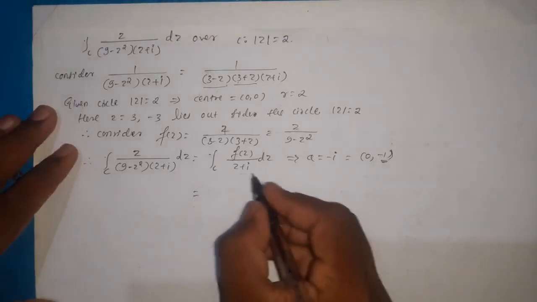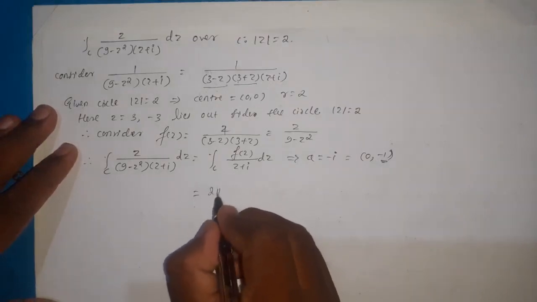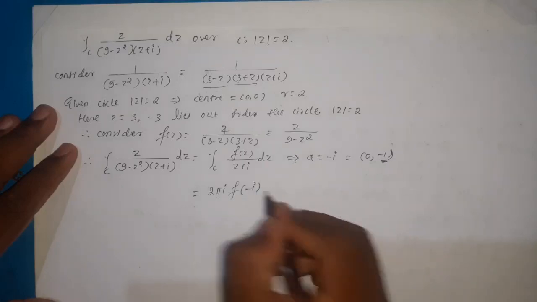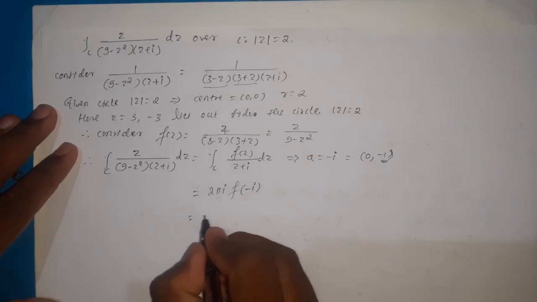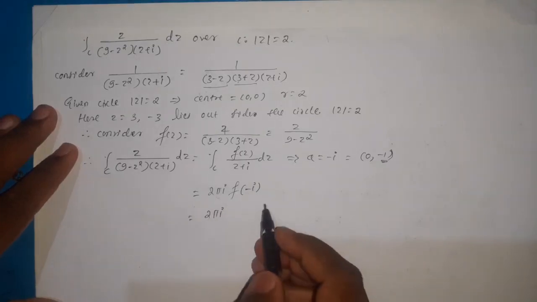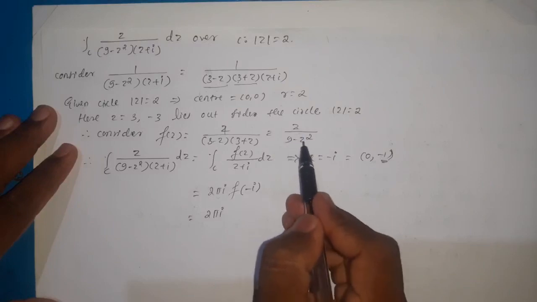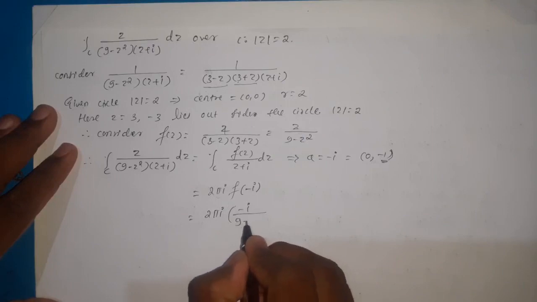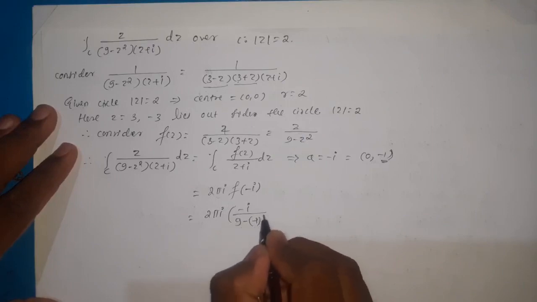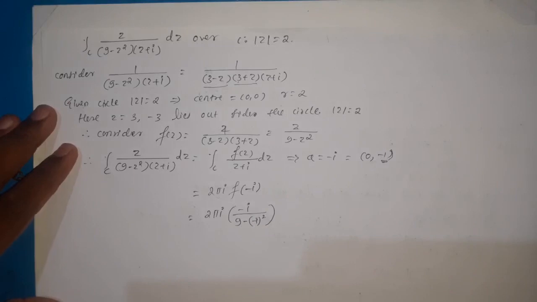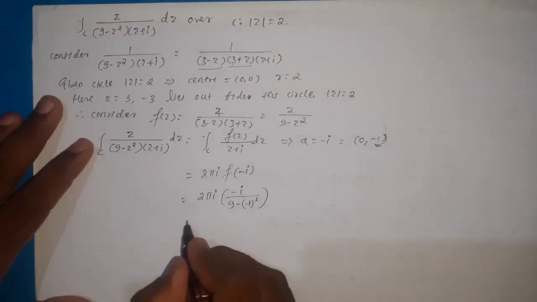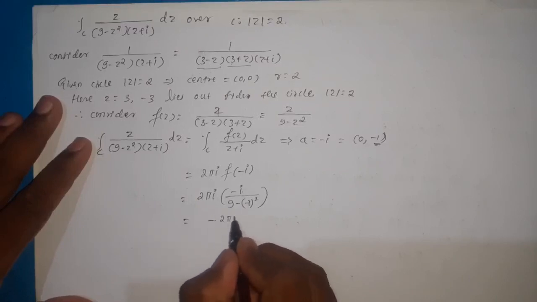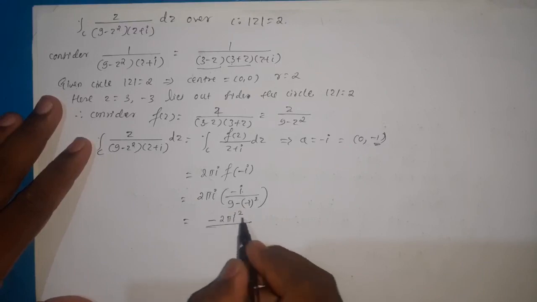Now by using Cauchy's integral formula, 2 pi I into f of A, where A is equal to minus I, right. Then it is 2 pi I times z divided by 9 minus z square, that is minus I divided by 9 minus I square, at z equal to minus I. Then it is equal to minus 2 pi I square divided by 9.